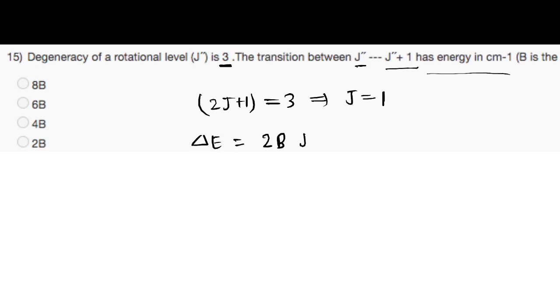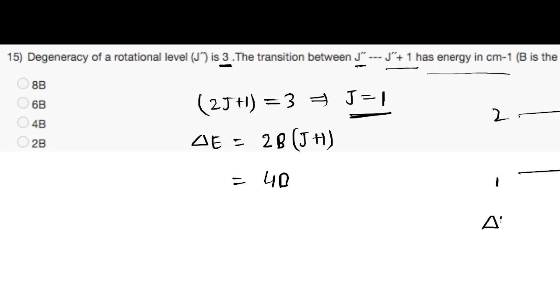Now we know delta E, we can directly calculate 2B(J plus 1), so it will be 4B. Or in detail, we can write here J equal to 1. So the transition is happening from J double prime equal to 1 to J double prime plus 1, meaning 1 to 2.